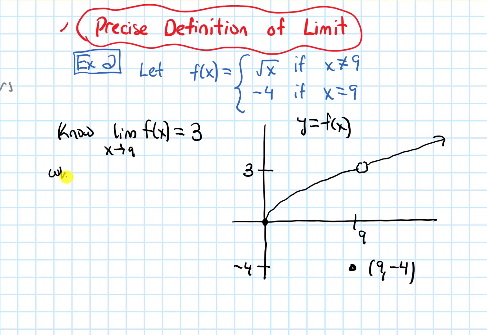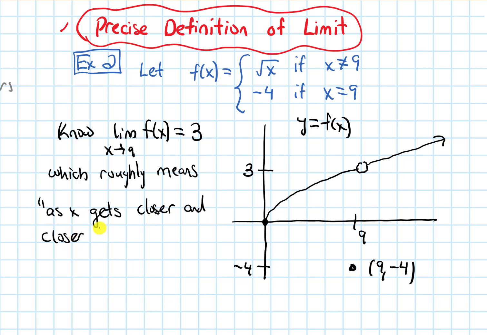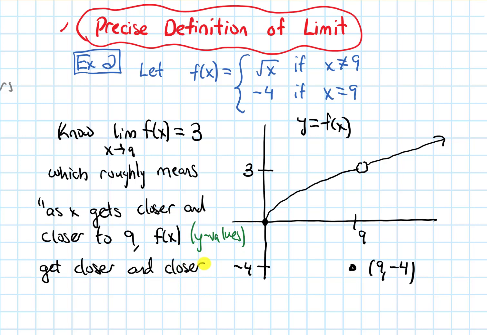Which roughly means, based off of our definition of what a limit was, and I'll put this in quotes: as x gets closer and closer to 9, f of x, the y values, get closer and closer to 3.